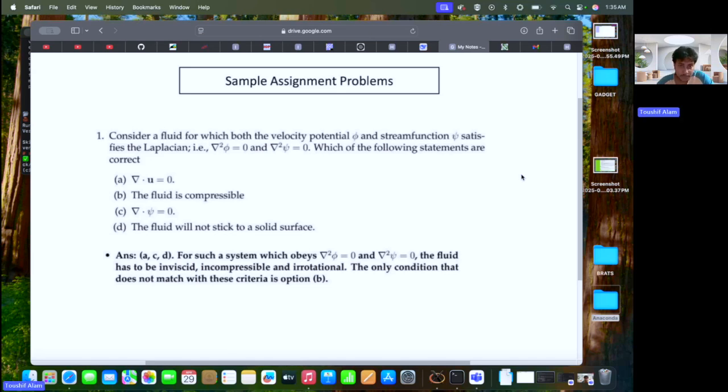So this is very simple, right? I have given the answer so that you can check with yours. The fluid has to be inviscid, incompressible, rotational.